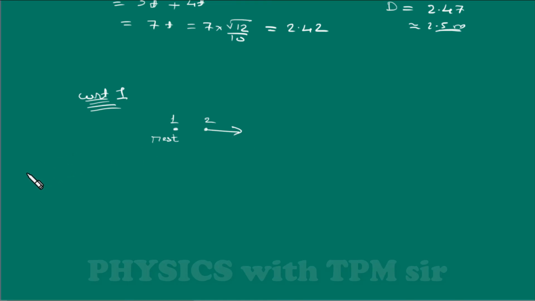And you must know that when you as an observer observe an object, to observe its velocity, what you do, you reverse your own velocity and give it to the object and take the resultant. What I am saying, velocity of 2 with respect to 1 can be written as velocity of 2 minus velocity of 1. This can be written as velocity of 2 plus minus velocity of 1. So who is observer here? 1.